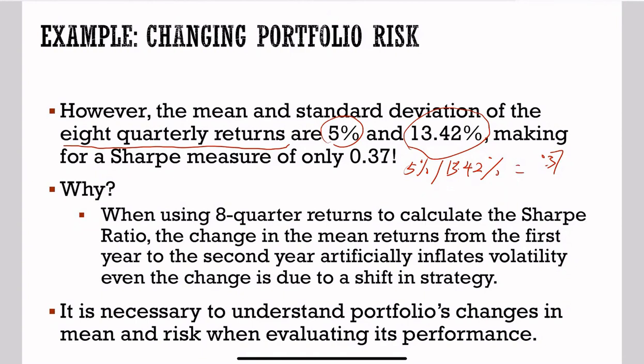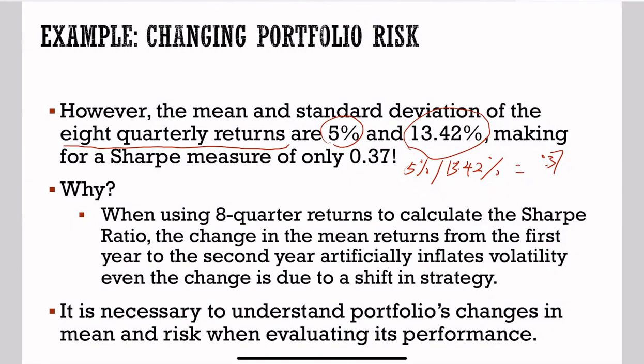Then if you combine these 2 years of data and calculate a single Sharpe ratio, the manager is underperforming the market. So which result is correct here? Well, actually, you should separately calculate the Sharpe ratio. That's the correct approach.